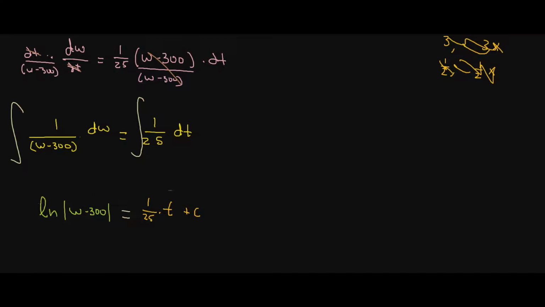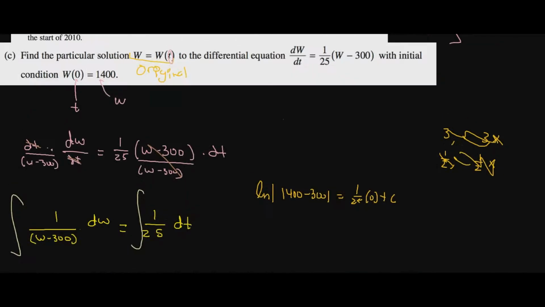Now we are in business to go ahead and basically solve for our c value, right? So we're going to get ln absolute value of 1,400 minus 300 is equal to 1 over 25 times 0 plus c. All right, now in case you're confused, that came from this.